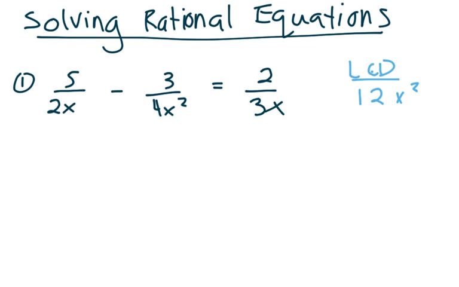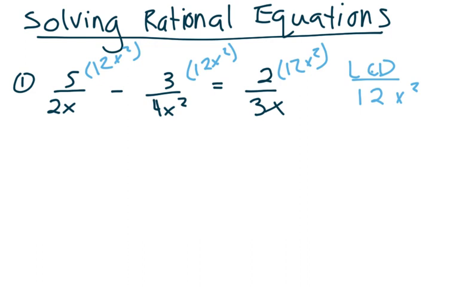So what we're going to do is multiply each one of our numerators by our LCD. Once we get our LCD, all of my numerators I'm going to multiply by 12x squared. That's going to allow us to cancel out our denominators.